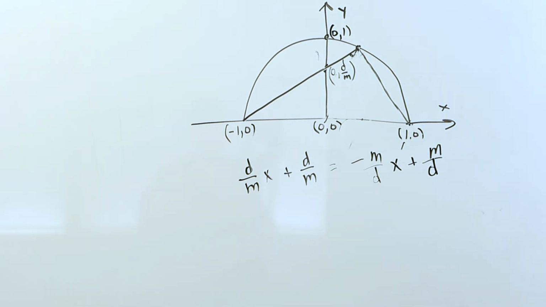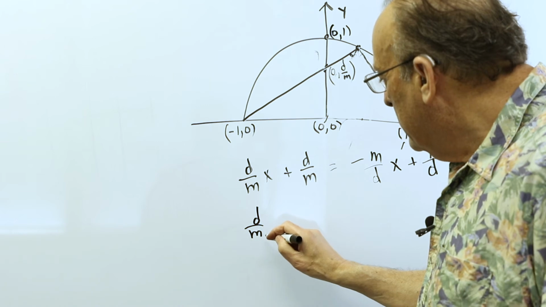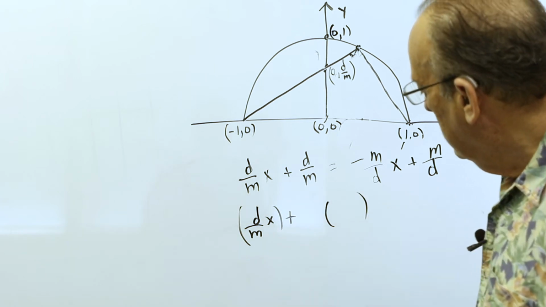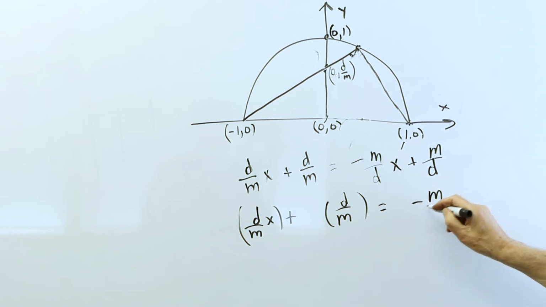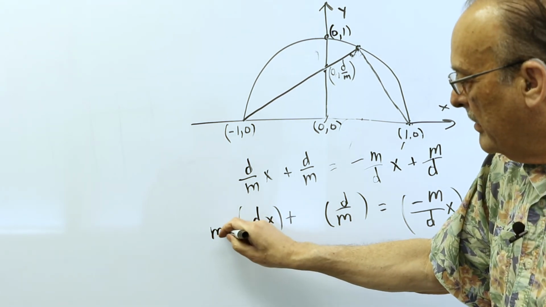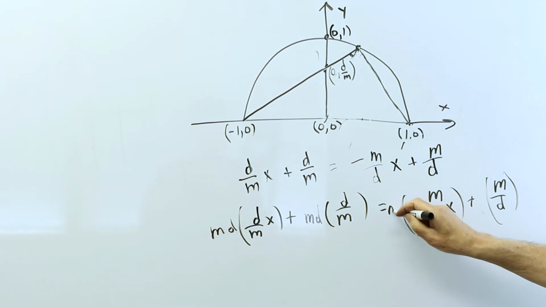So again, we can multiply both sides by the least common multiple of m and d, which is going to be md. So we're going to take each term, put it in its own parenthesis, leaving space in front of each parenthesis, and multiply by md. Each term is being multiplied by md.